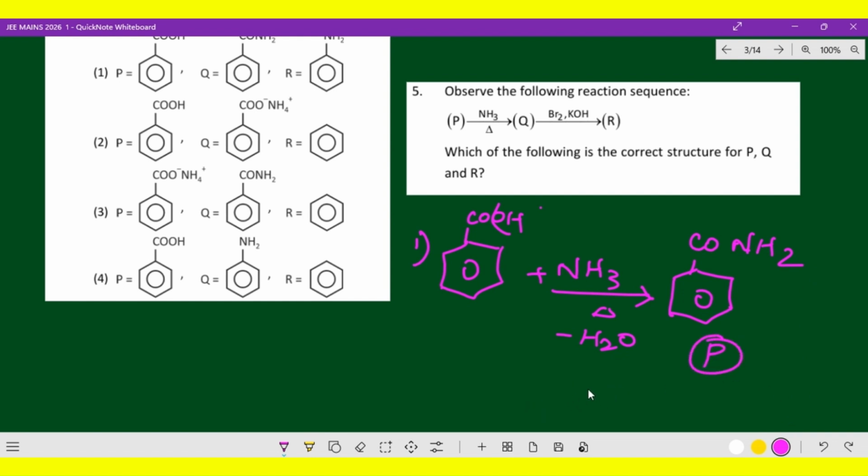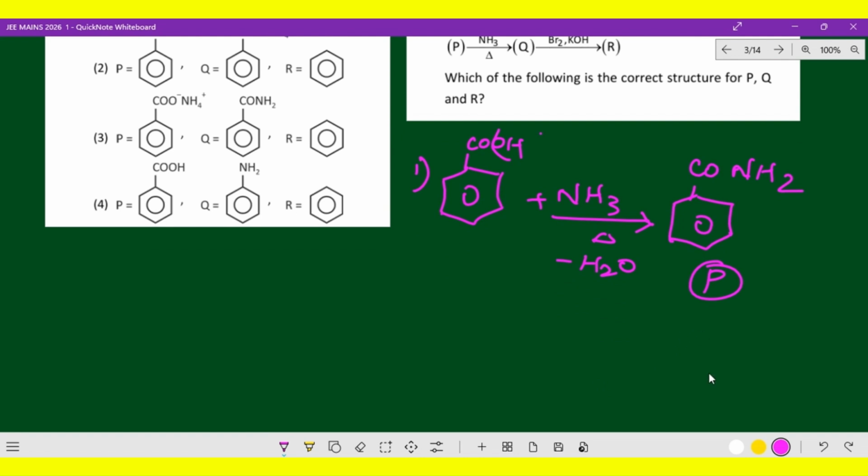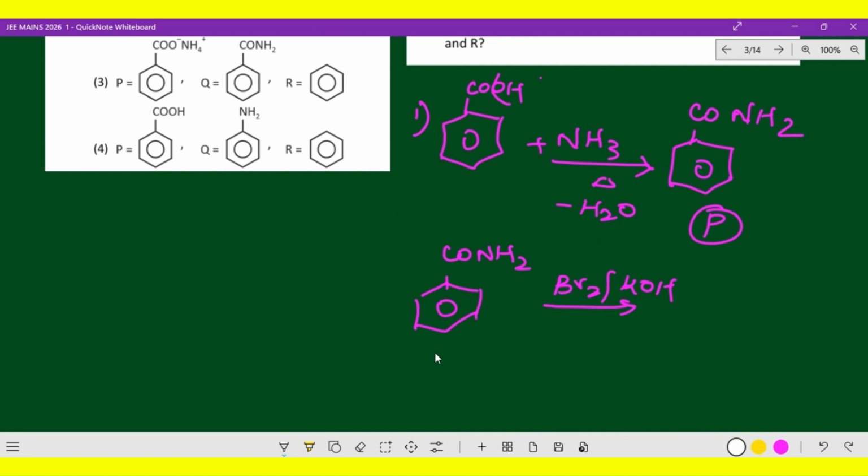Next one, compound Q. This amide, CONH2, when reacting with Br2 KOH, is Hofmann's degradation.